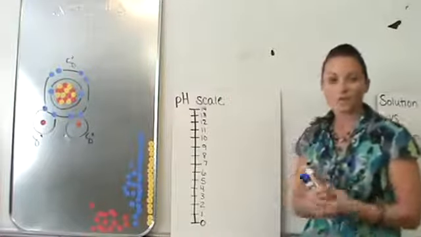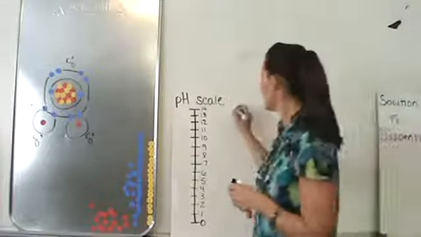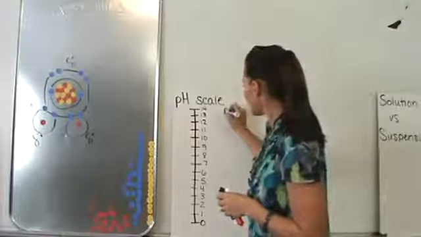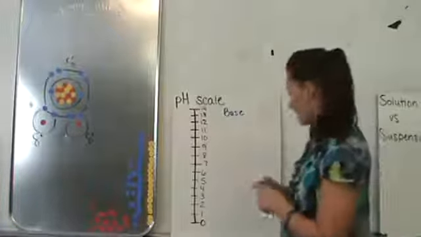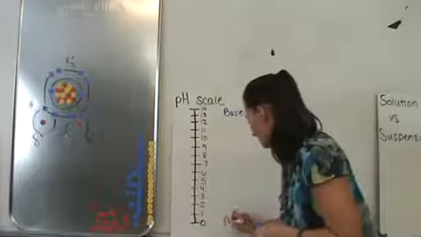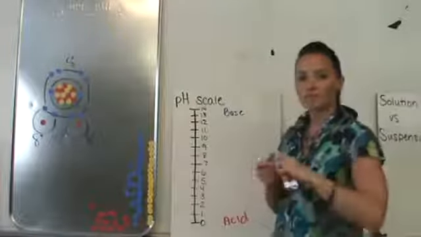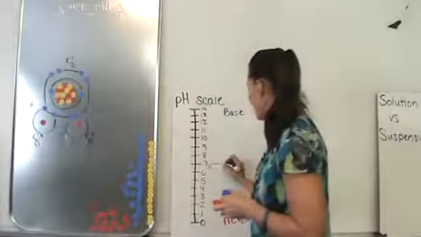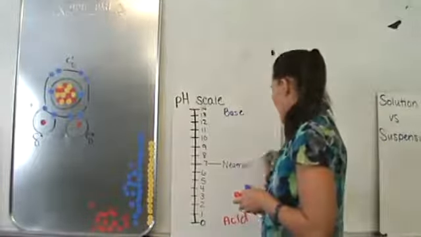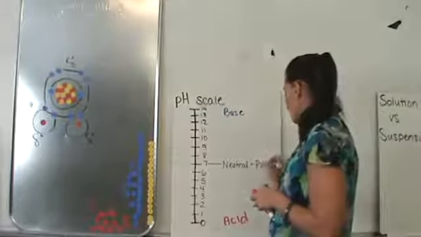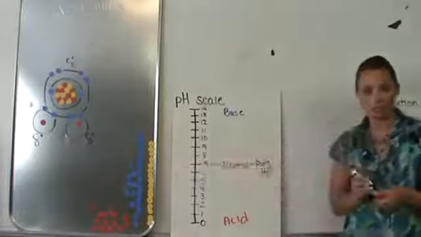Okay. Now, many of you have seen a pH scale, and you have things called a base, and you have something called an acid, and then you have something else that is neutral. And 7 on the pH scale is neutral, and pure water, or pure H2O, is neutral, okay?